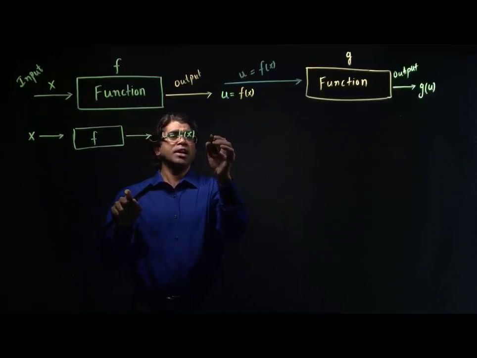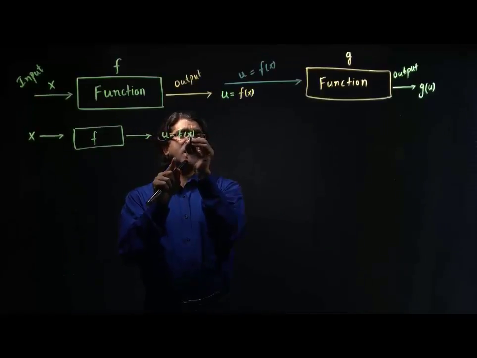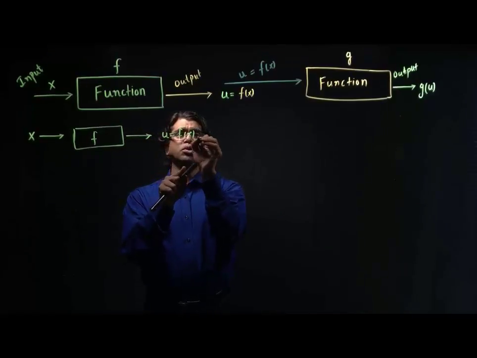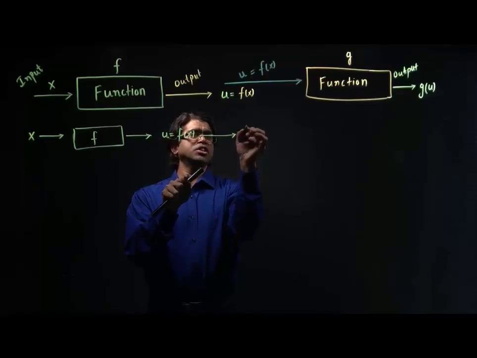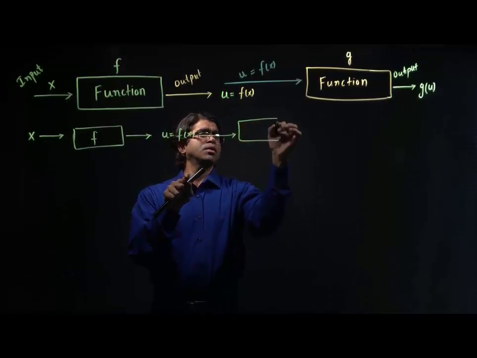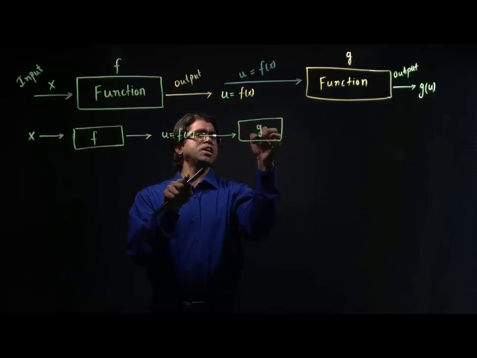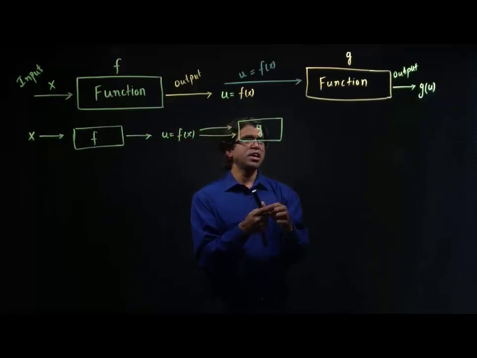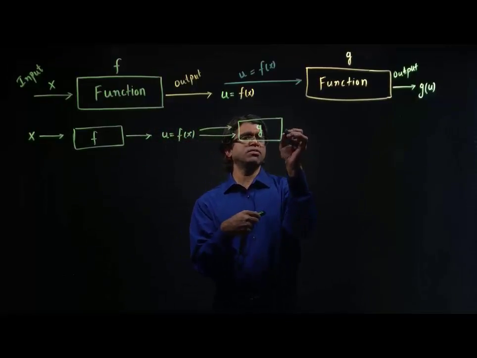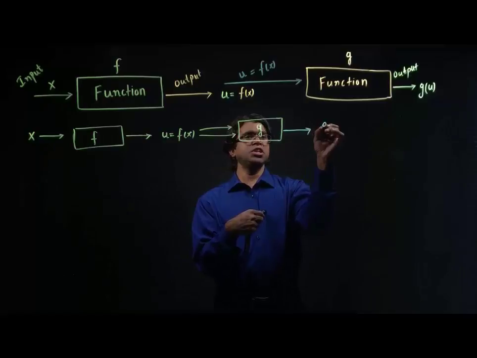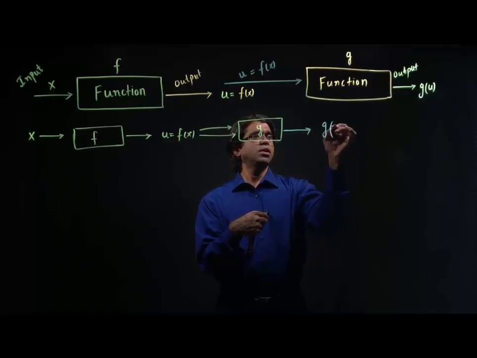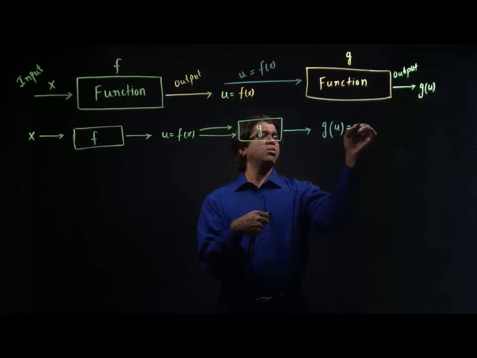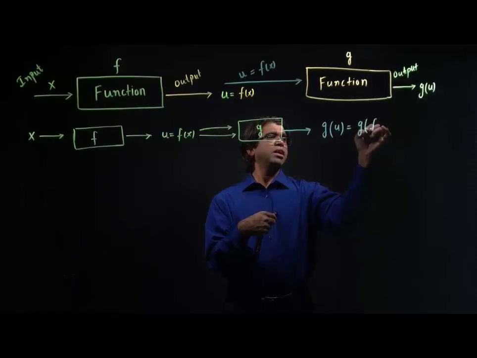And if I take that output into another function, which is my function g, this will be my input in this function, and my output for that function will be g of u, which is basically g of f(x).